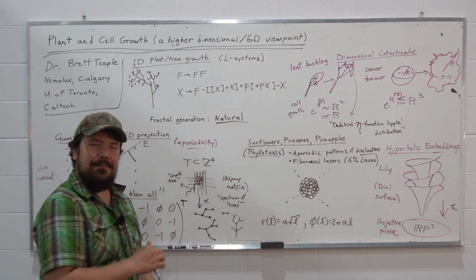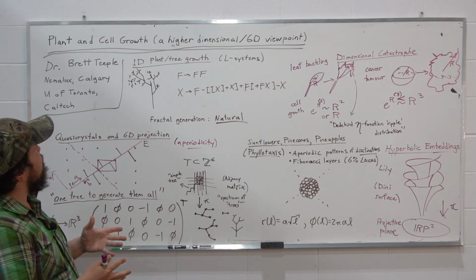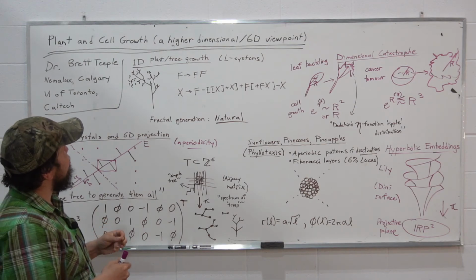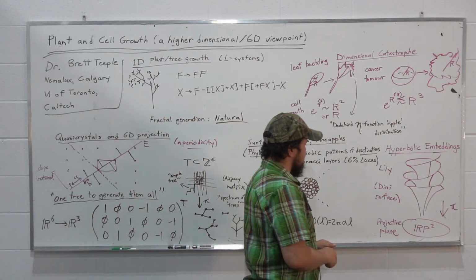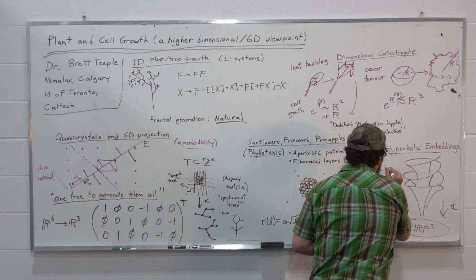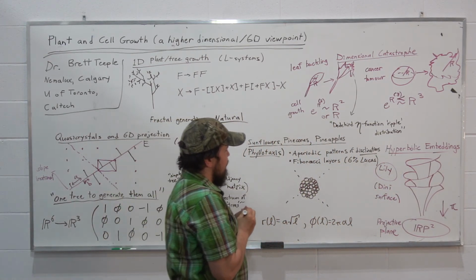There's other ways. One final example, just to finish off, is that there's other ways that plants can embed themselves into higher dimensions, and that's the example of the lily flower, and it grows on a Dini surface.